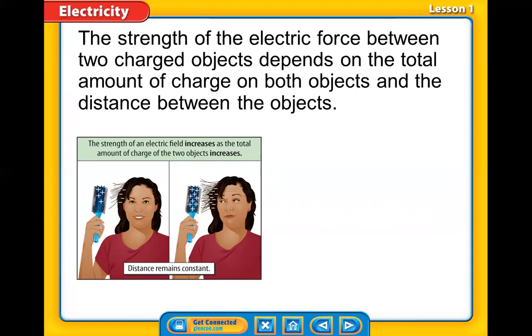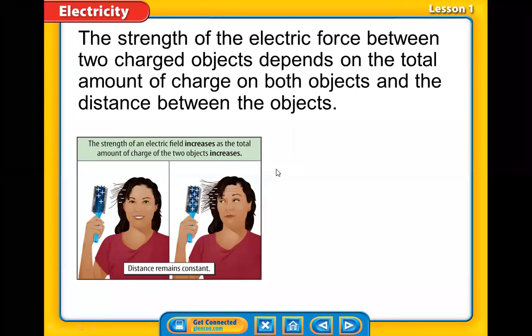We can see here in the diagram that if the amount of the charge of the two objects increases, as we can see here, we have more charges in this one, so the attraction force, or the strength of the electric force, increases. But if the amount of the charge decreases, the strength will decrease. So we can say from this that they are directly proportional.